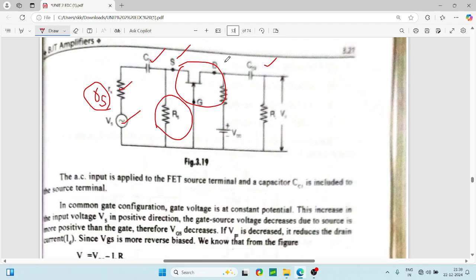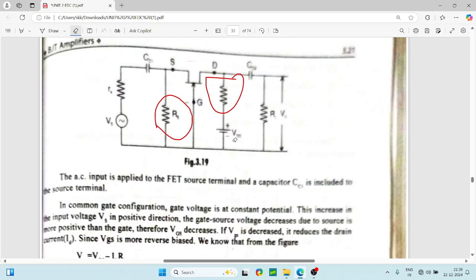This is the drain, so the resistance here is the drain resistance. So source has source resistance, and drain has drain resistance.